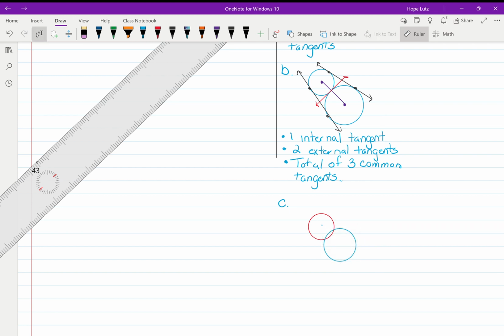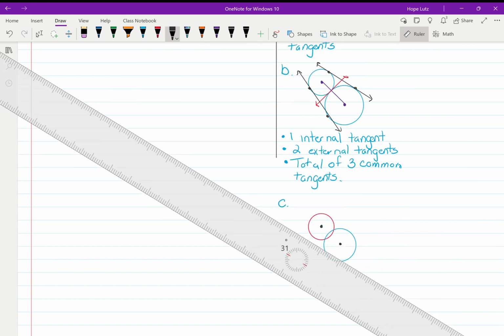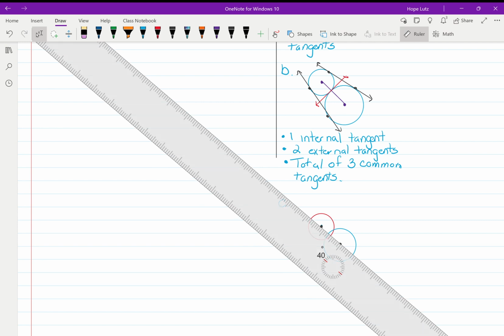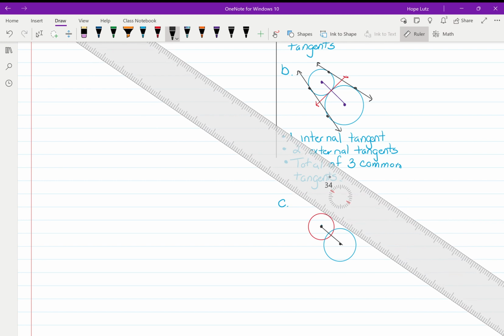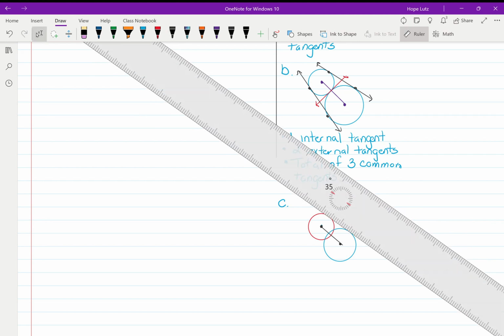So now I'm going to see how many exterior. So let me draw my center to center here. All right, so now we know that we can't do an internal tangent because it hits more than once.